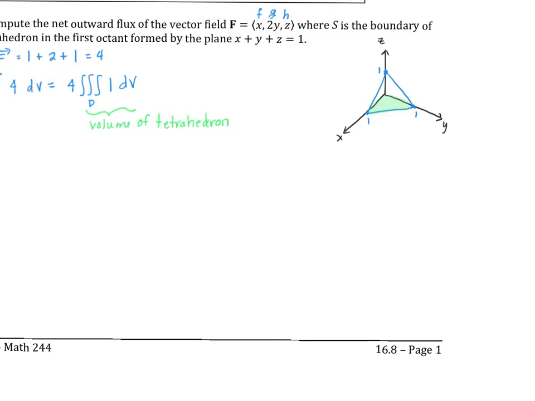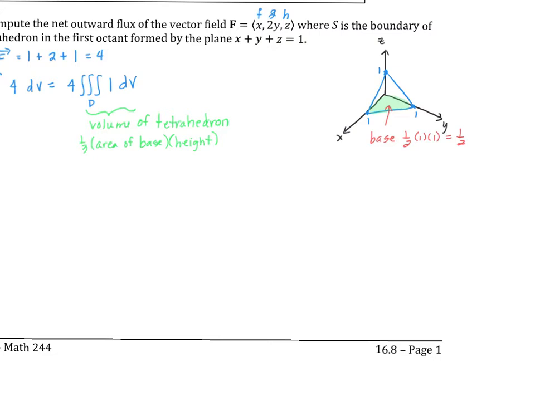Again, the volume of a tetrahedron is 1/3 times the area of the base times the height. The area of this base is 1/2 times 1 times 1, because it's triangular, which is simply 1/2. It's just the area of that triangle.